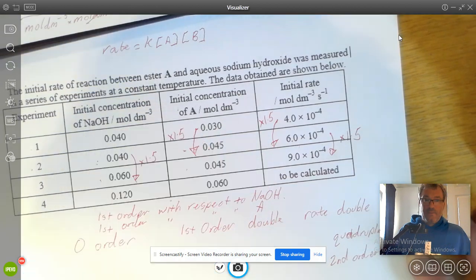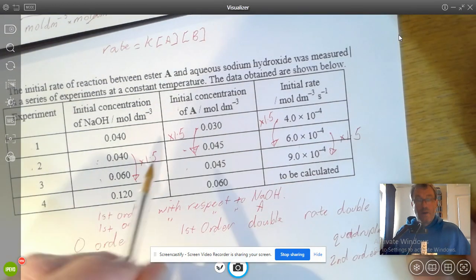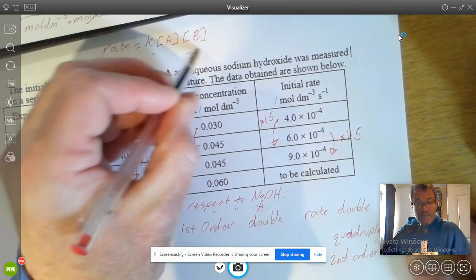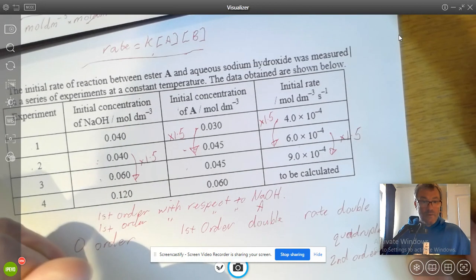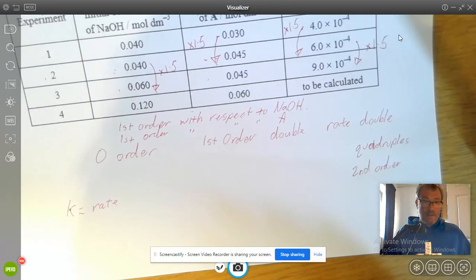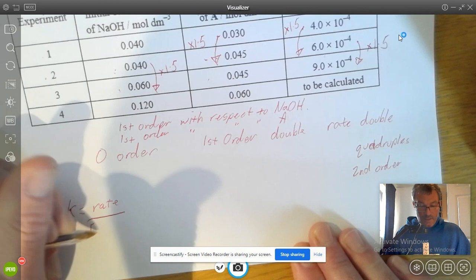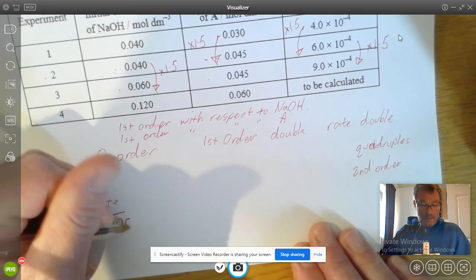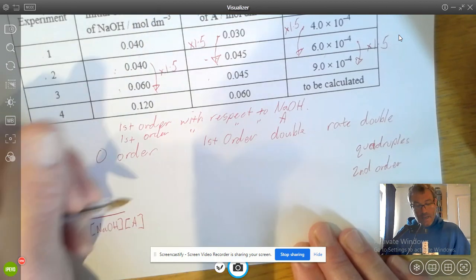Brilliant. Now, we need to work out the unit of the rate constant, K. So we need to rearrange this equation. So K equals the rate, divided by the concentration of sodium hydroxide times the concentration of the ester A. Now plug in the units for these.